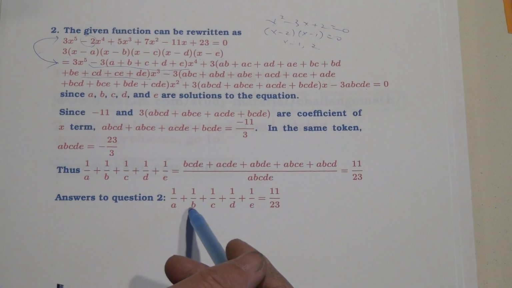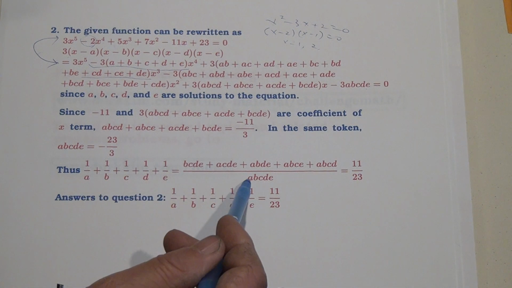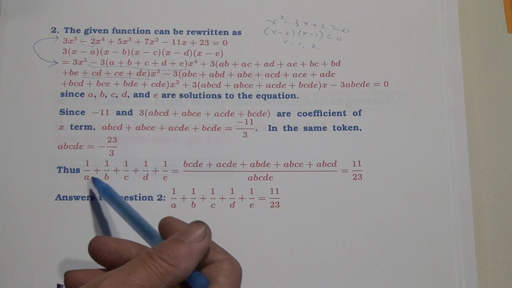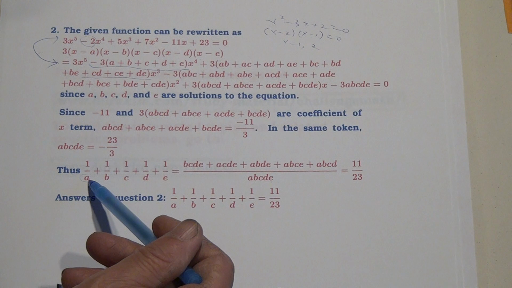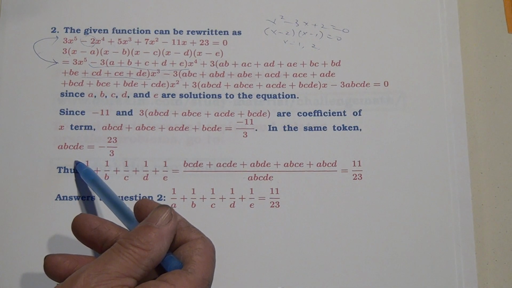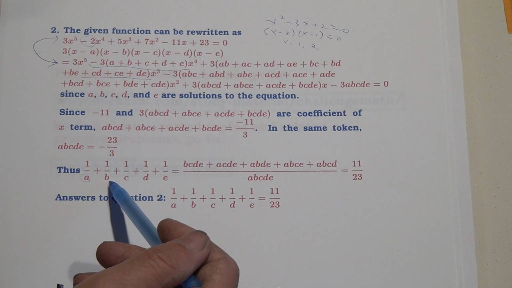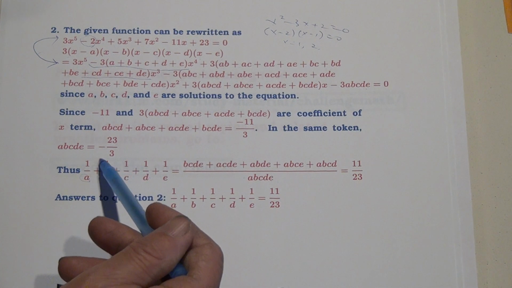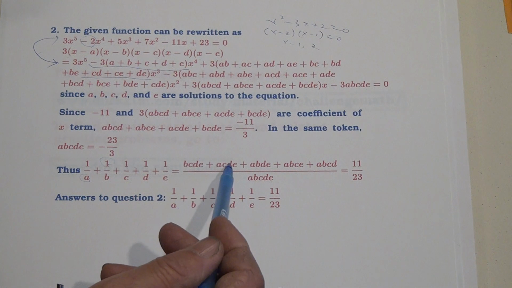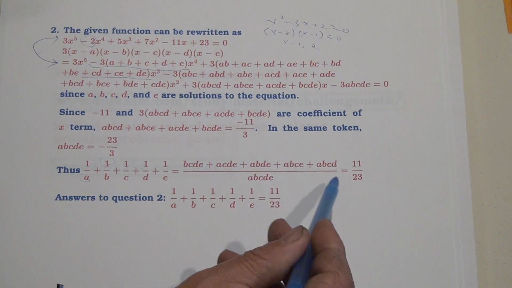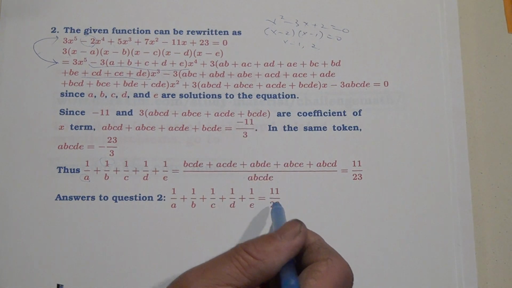Here a, b, c, d, e is the common denominator. Over here you have a, so you multiply by b, c, d, e. Here you have b, so a, c, d, e, you have to multiply here, and so on, right? You have that. Now, you go back here.